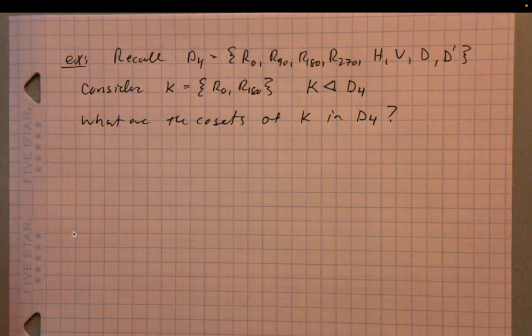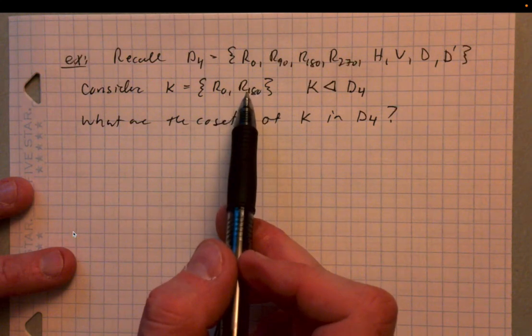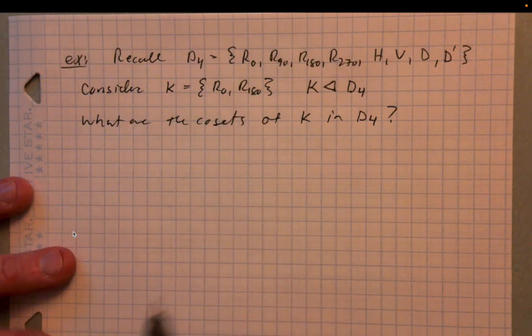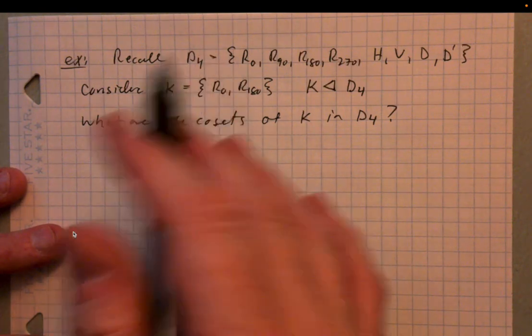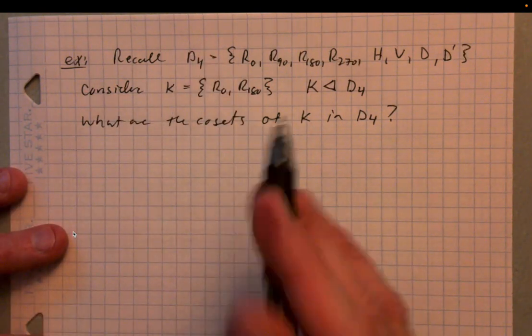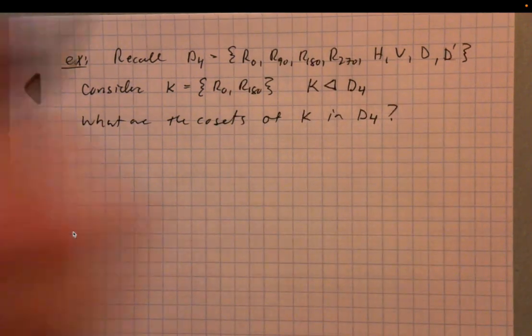We want to think about the elements that are in K, and what happens to the set K when we compose it with all of the elements in the larger group D4. In this case, the operation is composition.